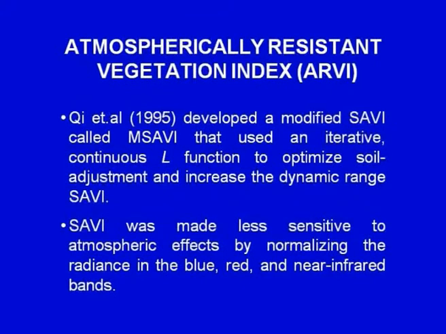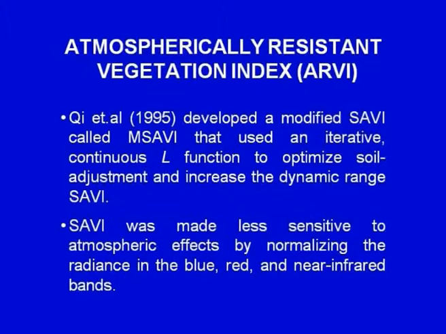Up till now, the indices that we have discussed have considered the topographic effect and the contribution of the soil background, which is to be abstracted from the pixel information containing vegetation. Kaufman in 1995 developed a modified SAVI called MSAVI that uses an iterative continuous L function to optimize soil adjustment and increase the dynamic range of SAVI.